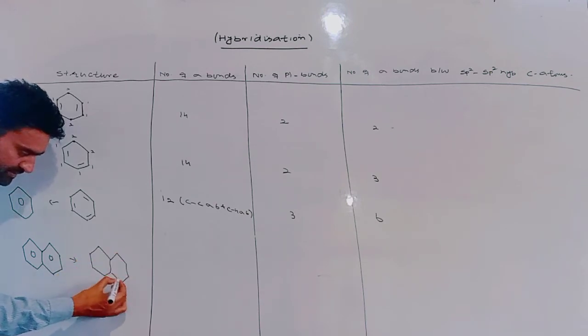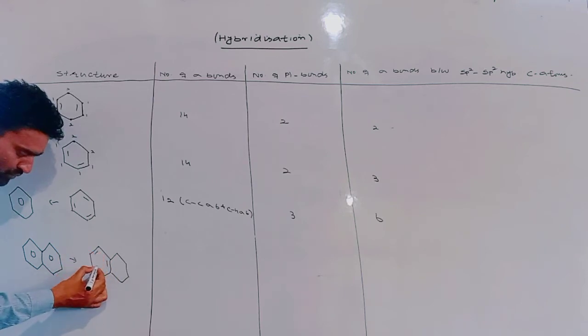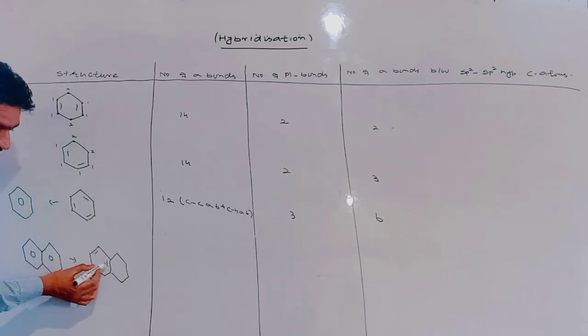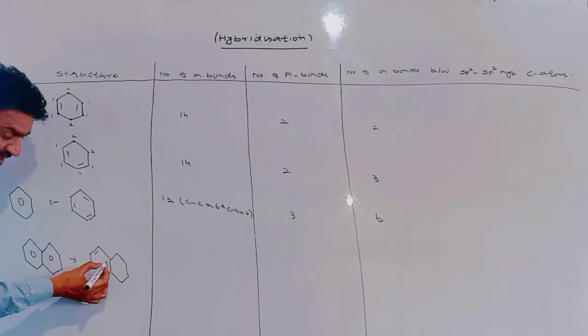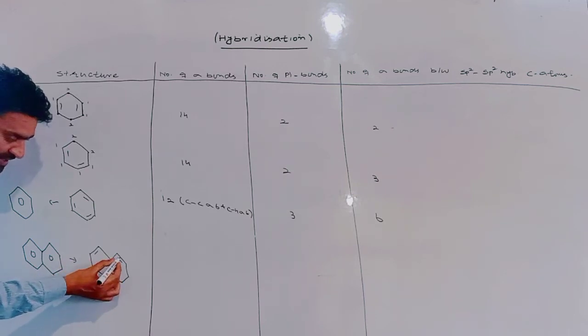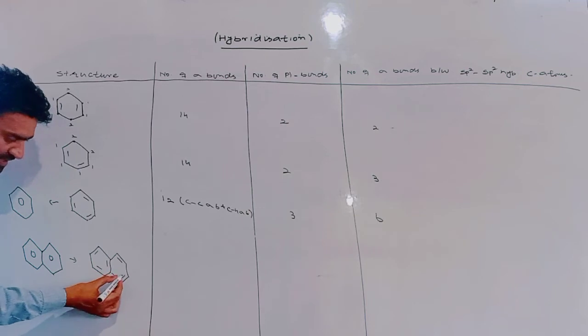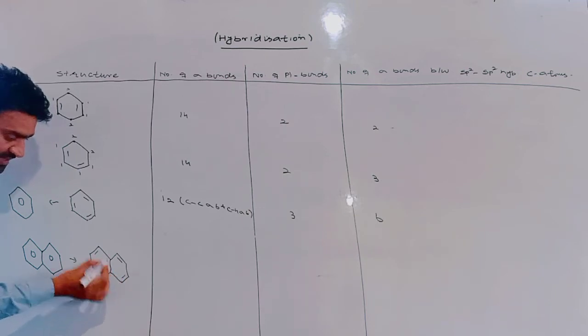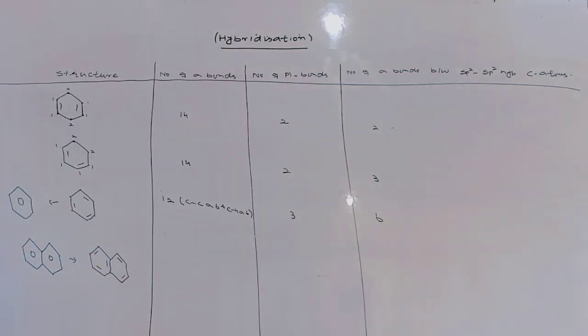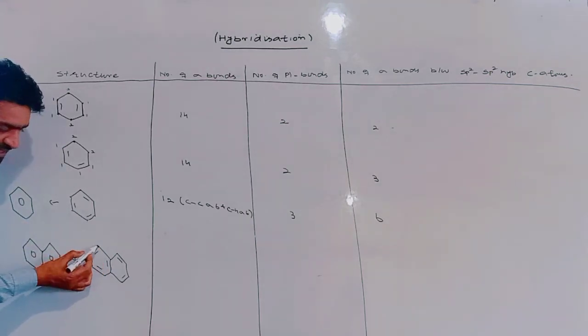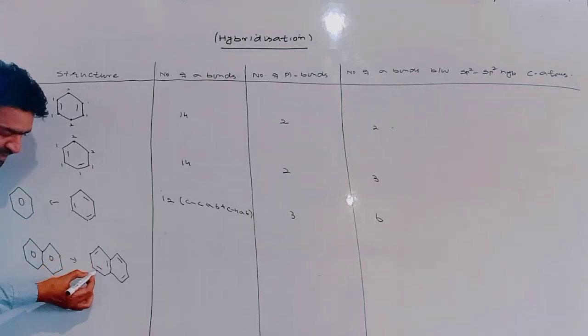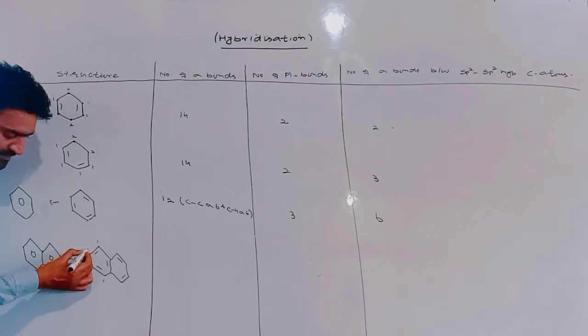Clear? Double bond, single bond, double bond, double bond, single bond, double bond, and so on. Right? Calculate sigma bonds. Can I start from here? It will contain 1 hydrogen, 1 hydrogen, 1 hydrogen, 1 hydrogen. Clear?